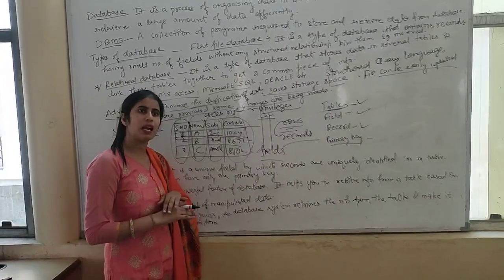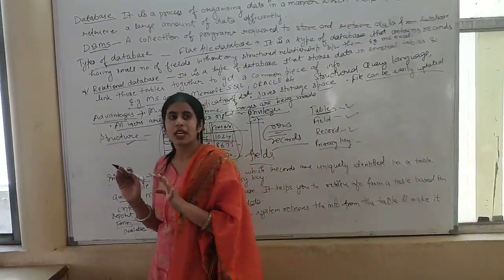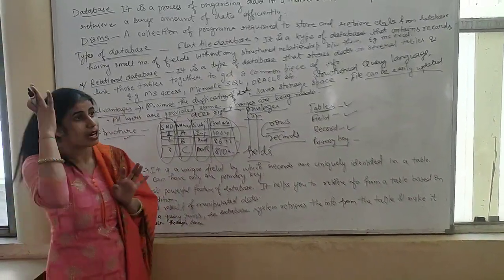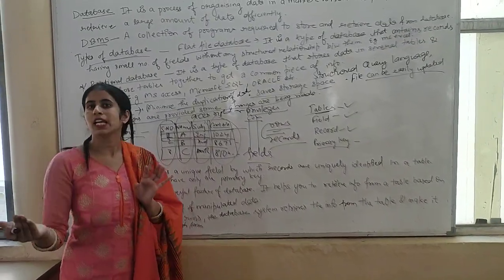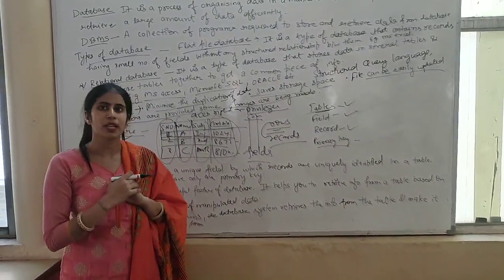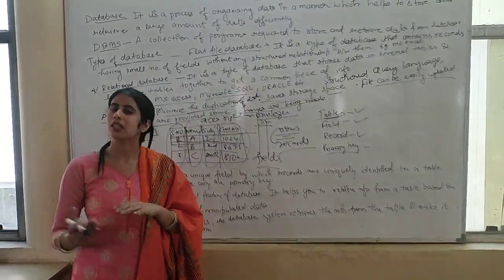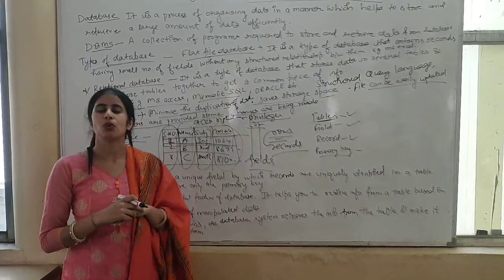Suppose in our school, there are many entries of students, and we are organizing and retrieving the data easily. How? We have allotted a primary key to every student. And what is the primary key? The primary key is the registration number that they get when they get admission in our school.